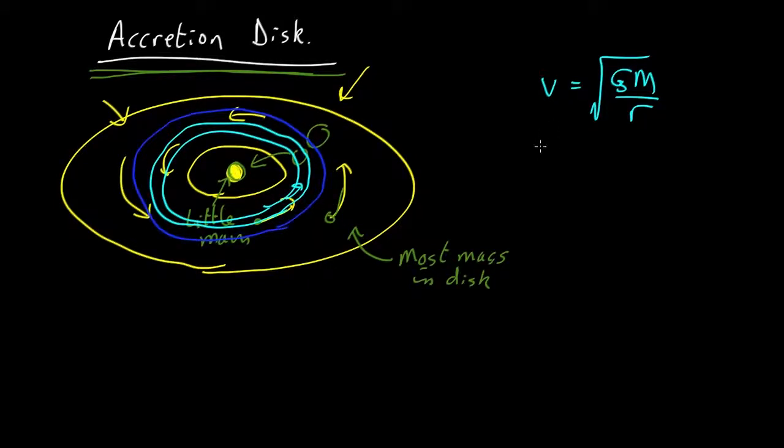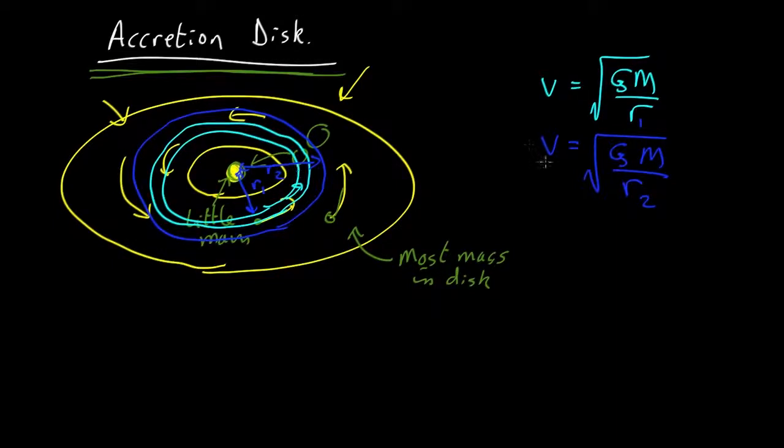It's a little bit further out, so this one is going to be, let's call that R1, and this one's going to be root GM over R2. So here's R1, and there's R2.